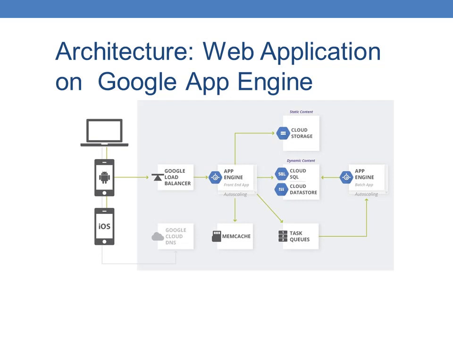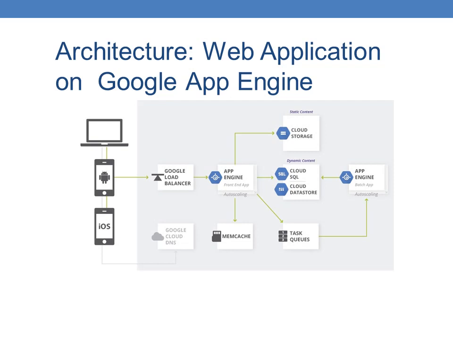So this is the architecture of a web application on Google App Engine. The same architecture applies to Google HDFS; the platform is going to be accessed through this architecture. In the same way here, through iOS or Android terminals, the client can access the resources through the web application.